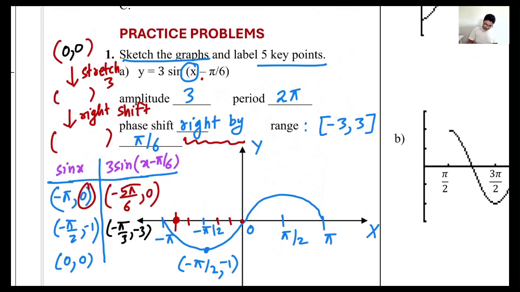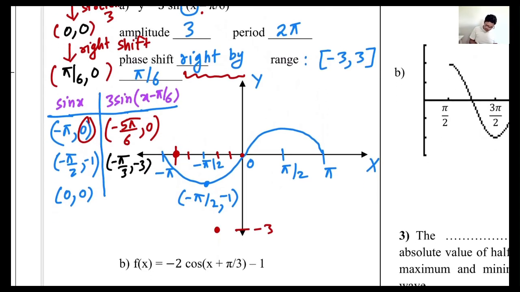I will show it and then I will remove it. Okay. I circled there in the center. That one. That's the point 0, 0. Stretch it by a factor of 3. Nothing happens. It will still be 0, 0. And then you shift it to the right by pi over 6. Okay. That will be pi over 6, 0. So that's here.